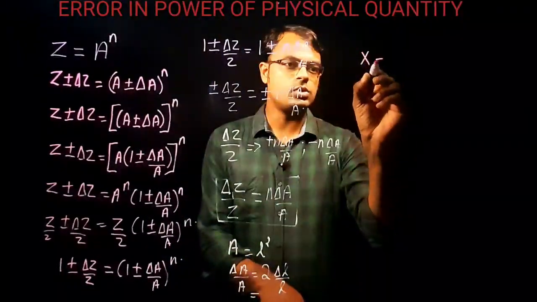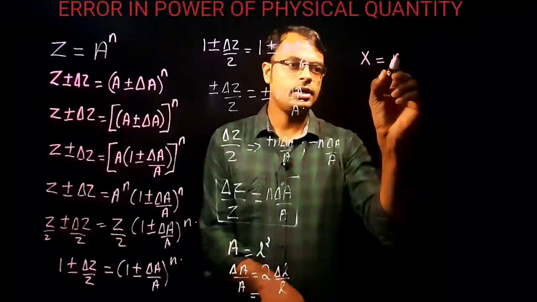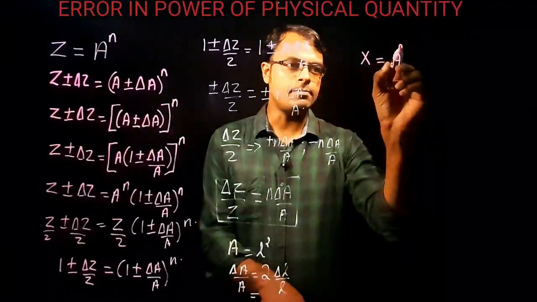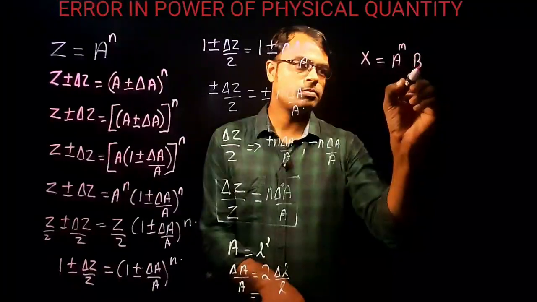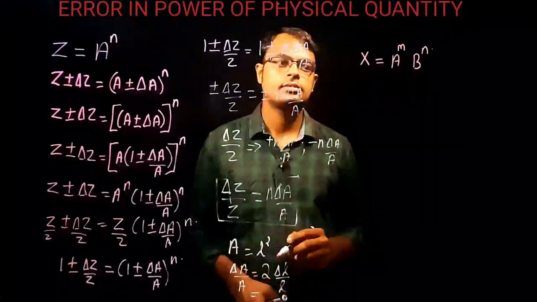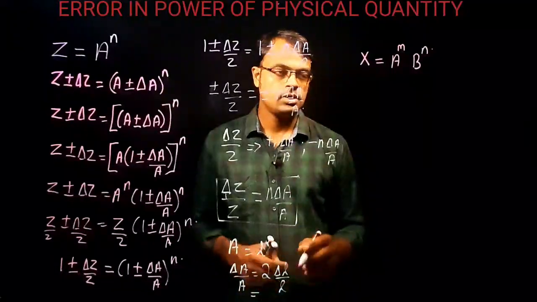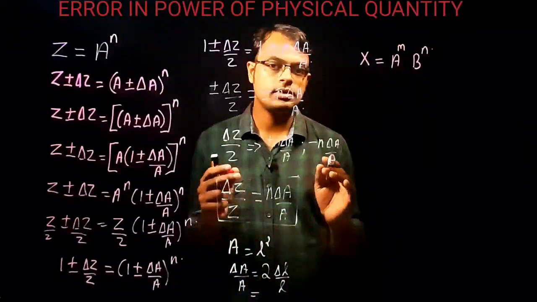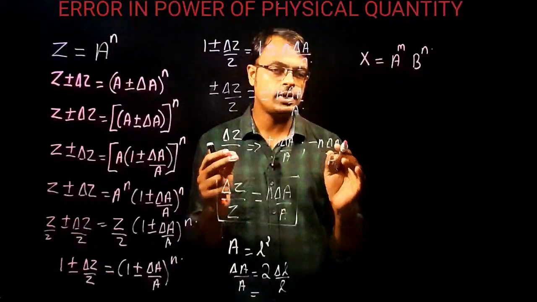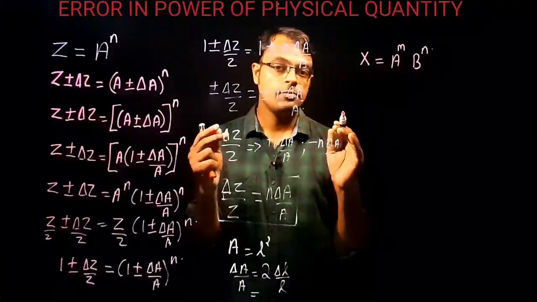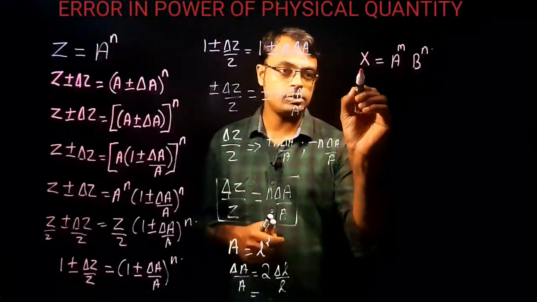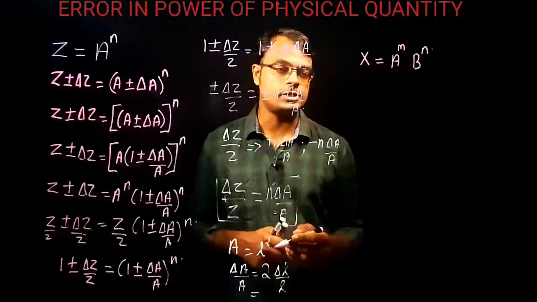Let's write this one. X is equal to a to the power m b to the power n. So this power is coming there, at the same time multiplication is coming there. The question is here, what is the total relative error, or what is the maximum possible relative error in the measurement of x in the final result?